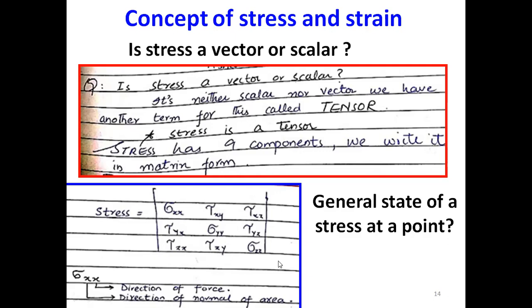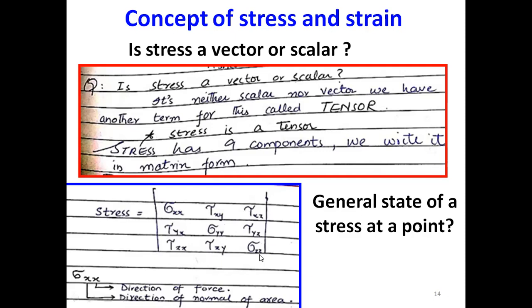And if the force or loading is along the area, parallel to the area, then the stress produced would be shear stress. All shear stresses we denote by tau in order to easily distinguish between normal stresses and shear stresses. So you could see that these three are the shear stresses and also these three are the shear stresses.